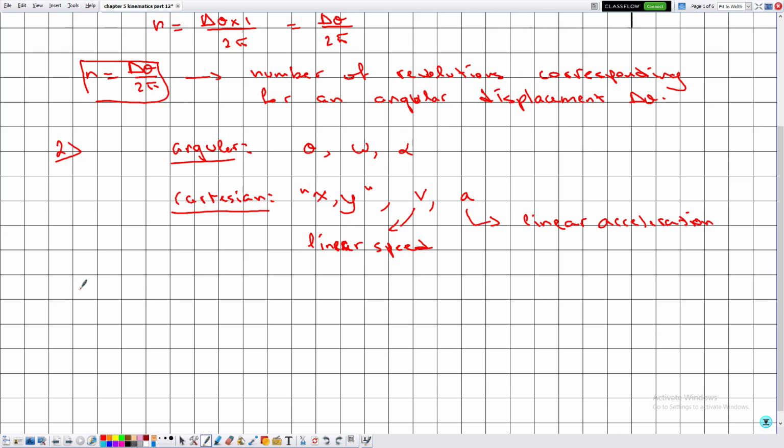Now moreover in note number 3, we know that a is equal to ax i plus ay j. In this case the magnitude of the acceleration is given by the square root of ax squared plus ay squared. This is in the Cartesian basis.